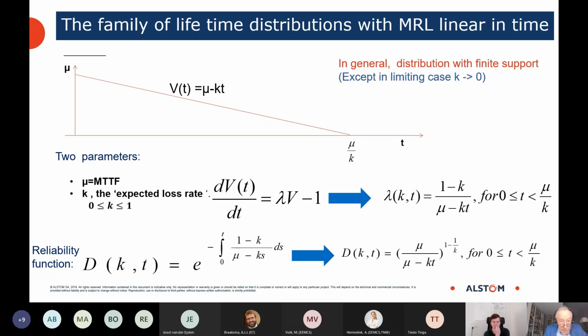We take this equation, which I reminded you of, and immediately from this equation and from this definition of V, there follows the expression for the failure rate, which is this. And there follows the expression for the reliability function, which I wrote as D, not to be confused with R, which is generic notation. So we find this formula, which includes the loss rate k and the mean mu. And it says finite support, okay.